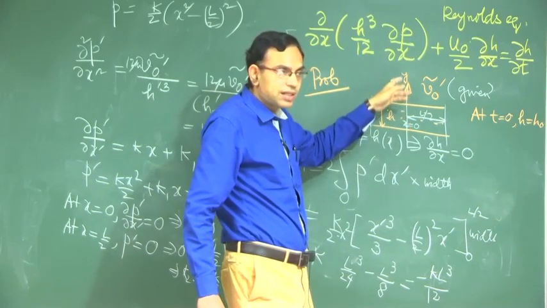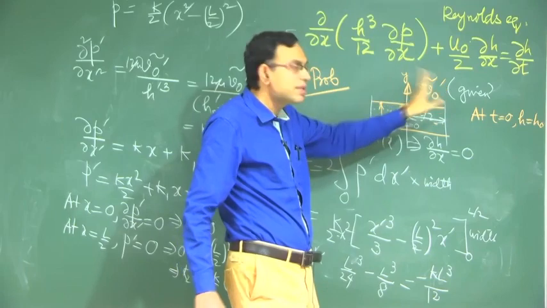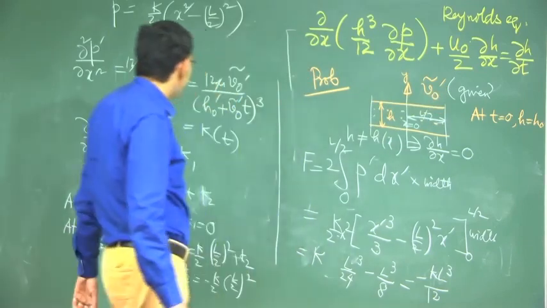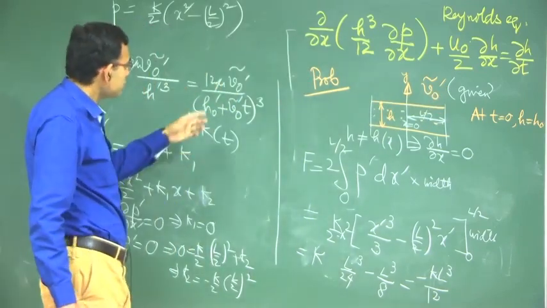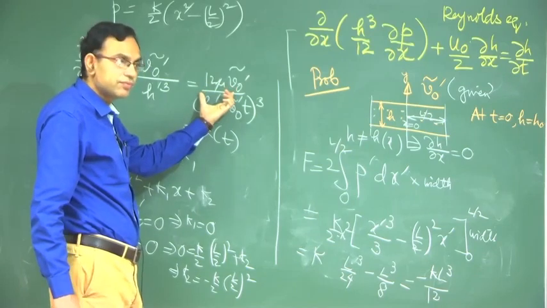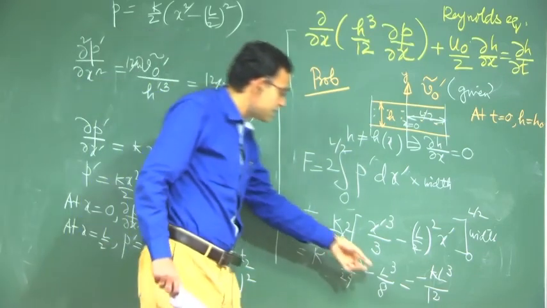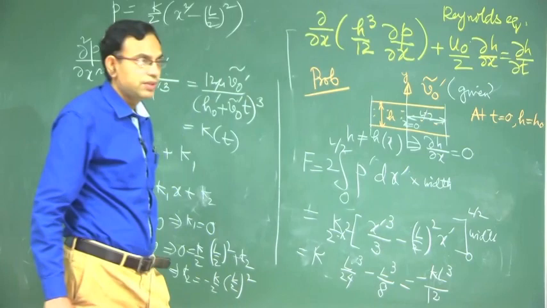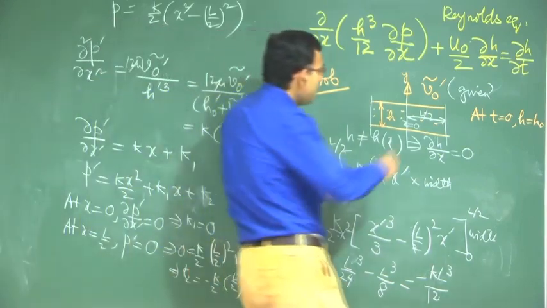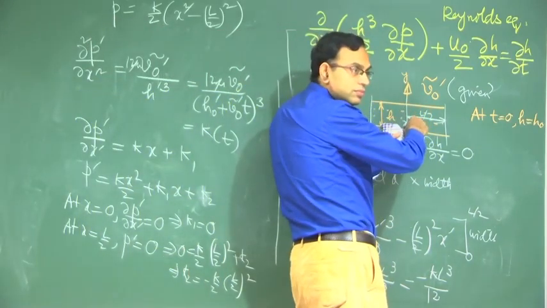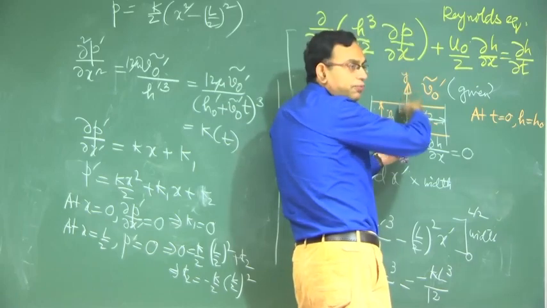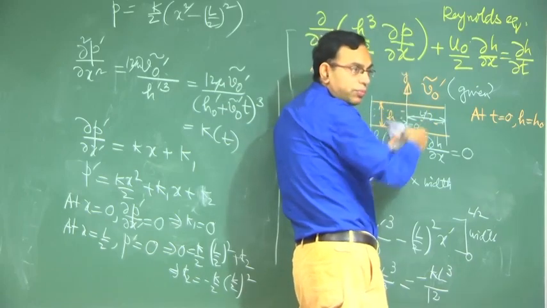So, when the plate is coming down, that is V0 prime is negative. So, if V0 prime is negative, this entire thing is negative and negative into negative is positive. That means when the plate comes down there will be an upward force to resist that downward movement.